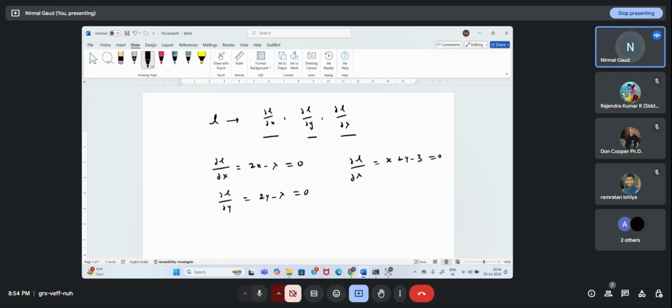We can solve these three equations and we can get the value of x equal to y equal to 3 by 2 and lambda equal to 3. Okay, that's what we will get.